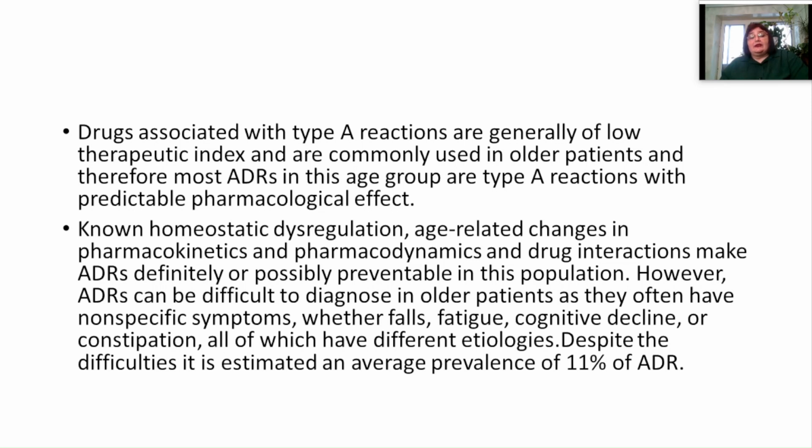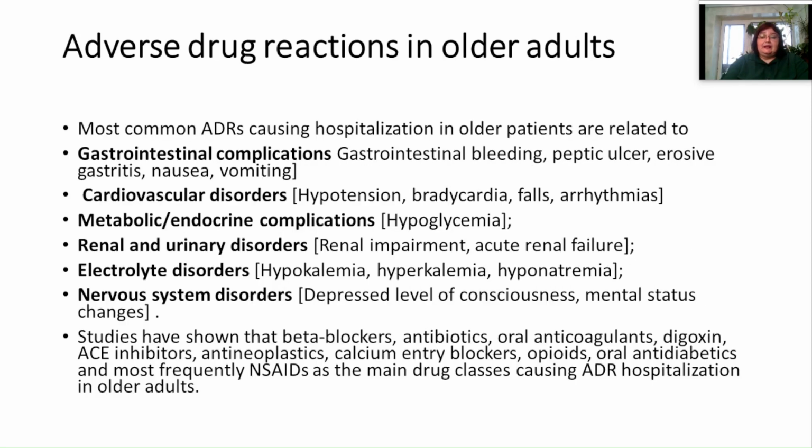However, adverse reactions can be difficult to diagnose in older patients as they often have no specific symptoms, such as fatigue, cognitive decline, or constipation, all of which have different etiologies. Despite the difficulty, an average prevalence of around 11% of adverse reactions is estimated. What kinds of adverse reactions can you see more often in these patients?